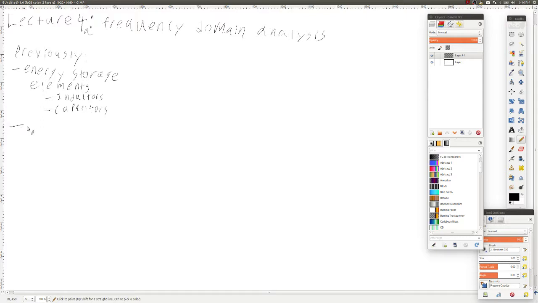And then we used first order ordinary differential equations to understand time domain response, and finally we talked about exponential decay.